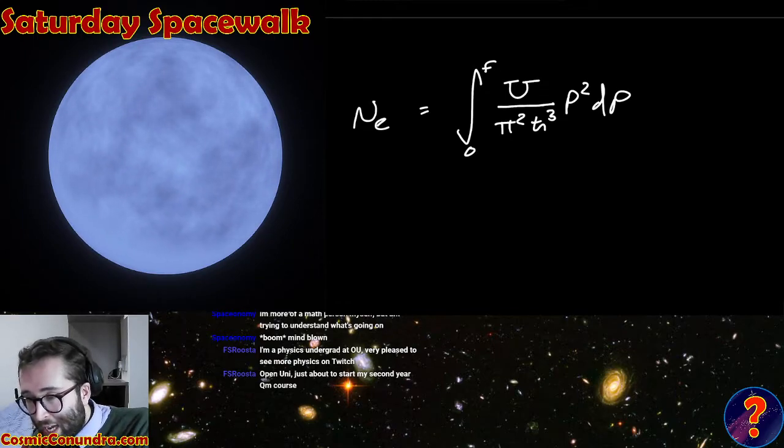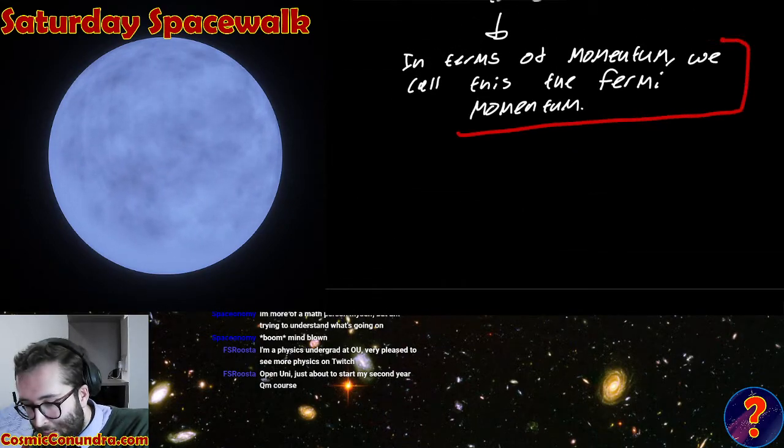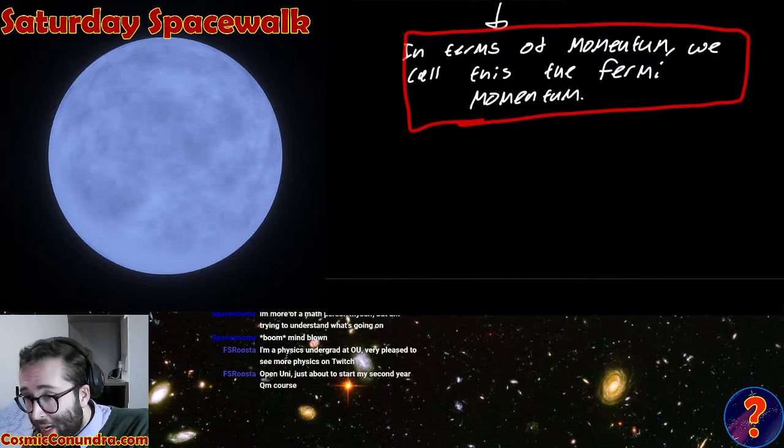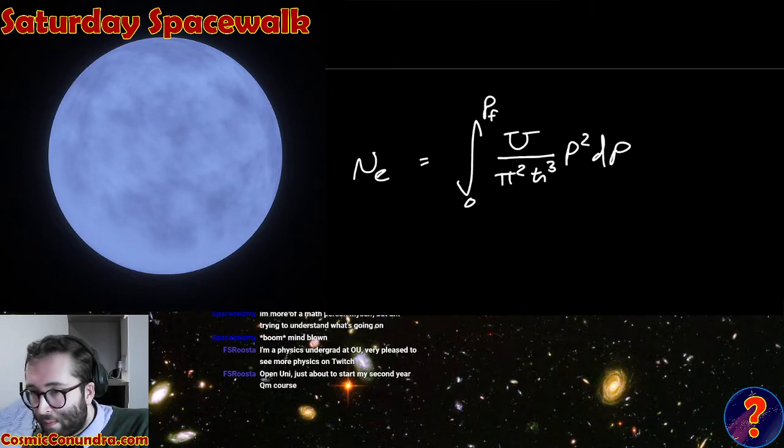And we expressed the upper level, the upper state we're filling up to, in terms of this thing I called the Fermi momentum, which we're now calculating. So now our upper bound on the integral becomes this Fermi momentum that we don't yet know.